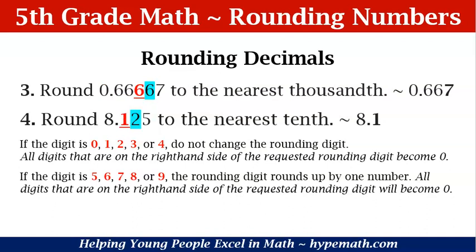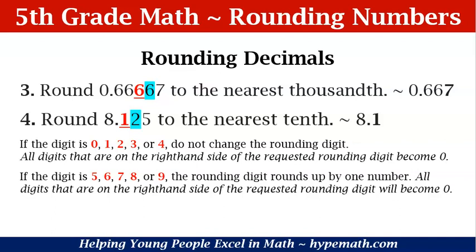Let's move to number 3. We are rounding 0.66667 to the nearest thousandth place. We see that the rounding digit, the number in red and underlined, is our rounding digit. We are going to look immediately to the right, and we see that there's a 6 on the right-hand side.